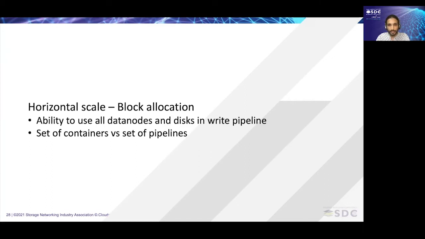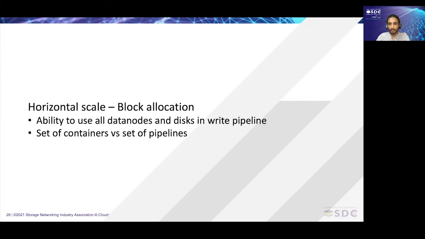The change made here was to add a level of indirection. Now instead of keeping a set of containers, it keeps a set of pipelines. Whenever a block allocation request comes, it selects a pipeline. Then for that pipeline, it queries the open containers, selects a container from these open containers, and then allocates the block.